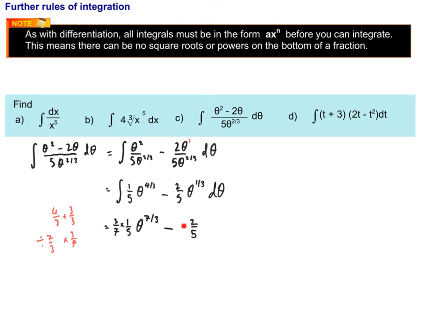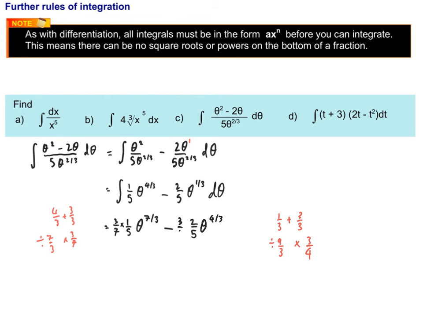Notice I've left a little space here because I'm going to be working with another fraction again. Theta, I've got 1/3, and I need to increase it by 1 whole, so adding 3/3, that'll give me 4/3. I need to divide by that new power, so instead of dividing by 4/3, I can multiply by 3 over 4.